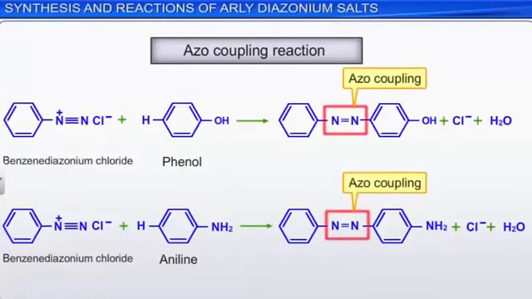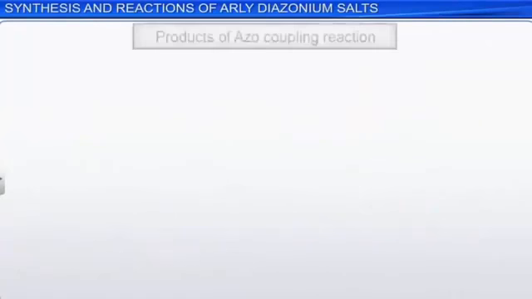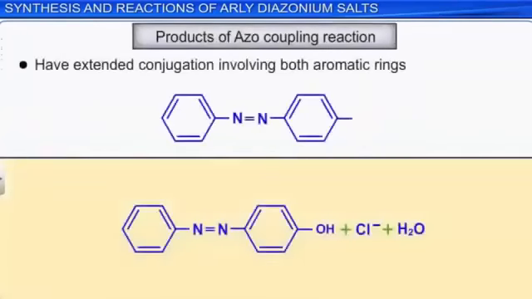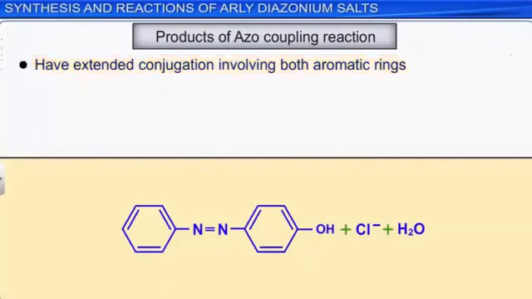The aromatic rings are joined via the nitrogen atoms. The azo products of the coupling reactions have extended conjugation involving both the aromatic rings. As a result, the products are highly colored. They are often used as dyes.